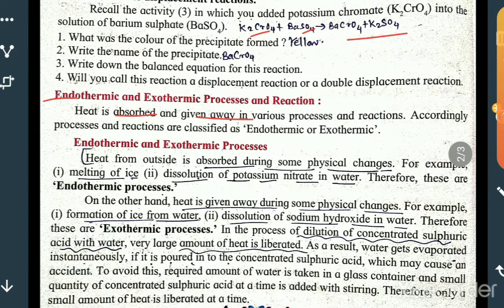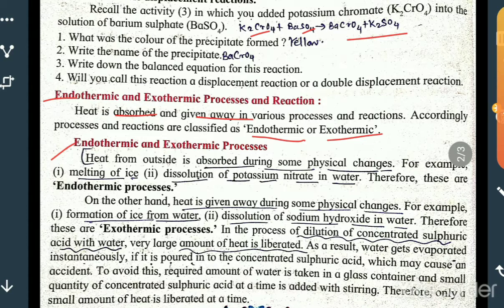Accordingly, the reactions are classified as endothermic reactions or exothermic reactions. So let us study what is meant by endothermic and exothermic reactions. In place of reactions we can write processes also. Okay, so endothermic and exothermic processes.